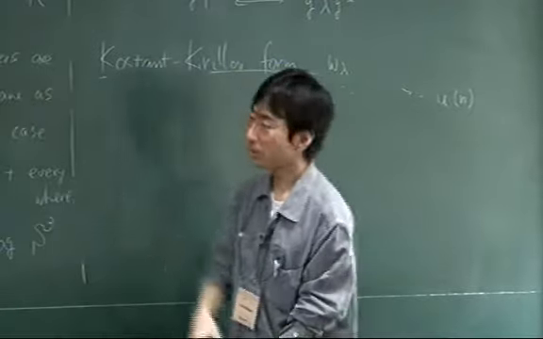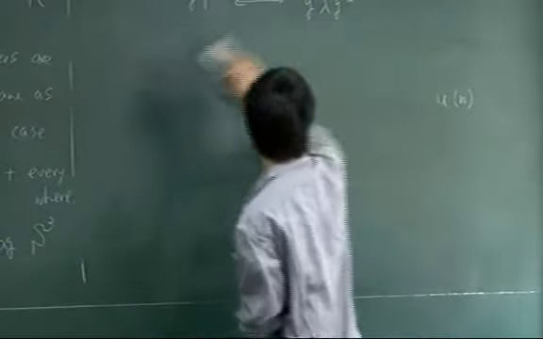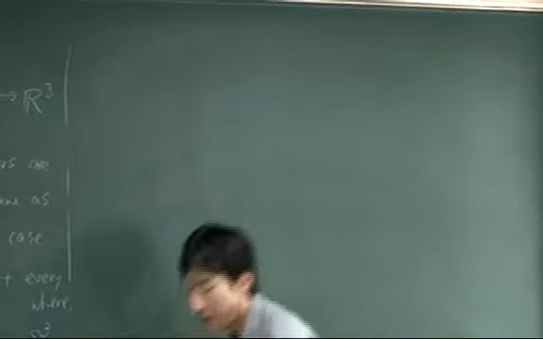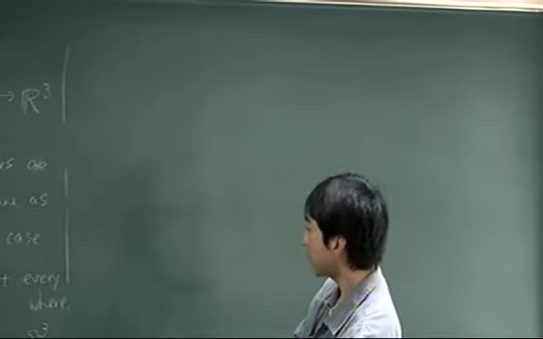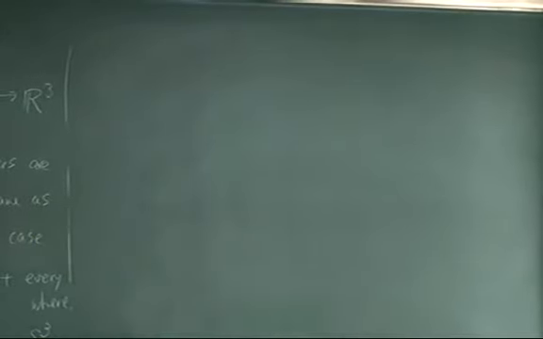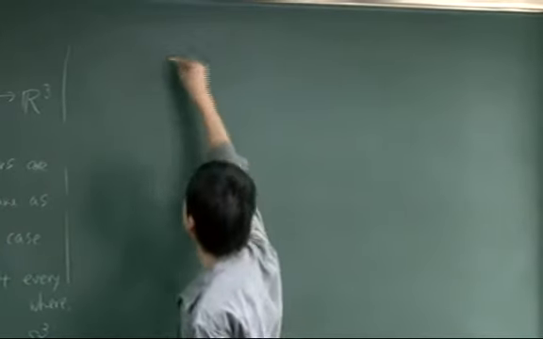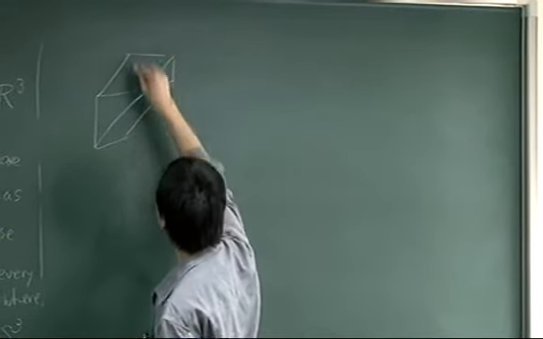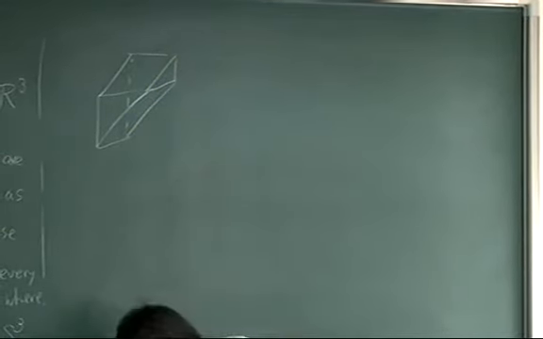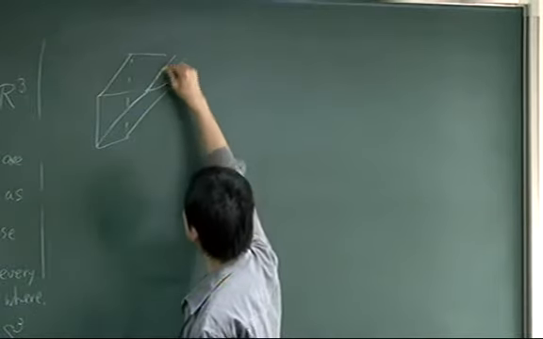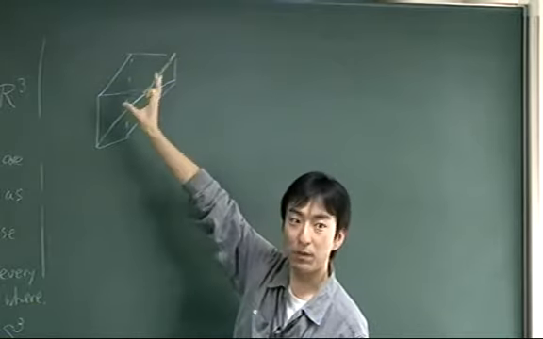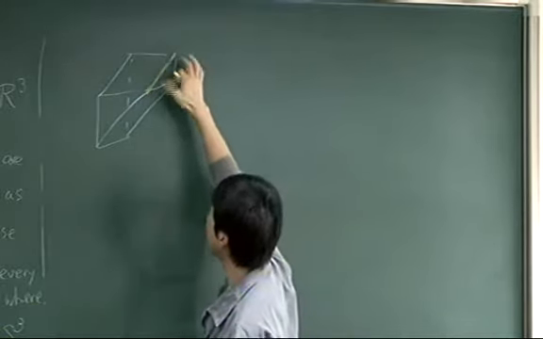And let me explain more about the geometry. Let me draw a picture again. In the toric case, the inverse image of each edge is CP1. But in this case, the inverse image of this edge is not a sphere, just a part of a sphere.